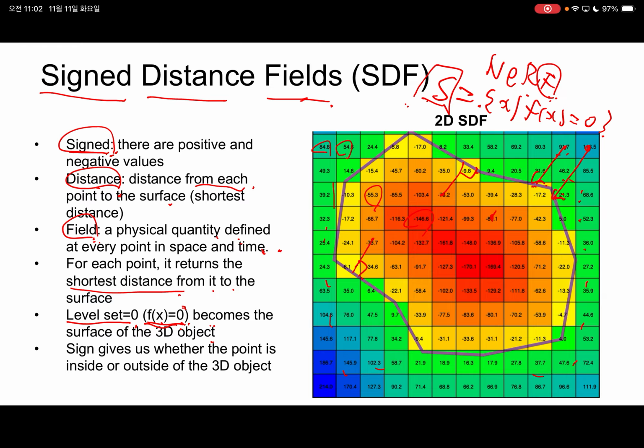Because points which make SDF equal to 0 mean the distance between the point and the surface is 0, so the point is on the surface. If we can get a set of such points, then that becomes just the surface. That is, in other words, what we call the level set equals 0, or the zero level set.